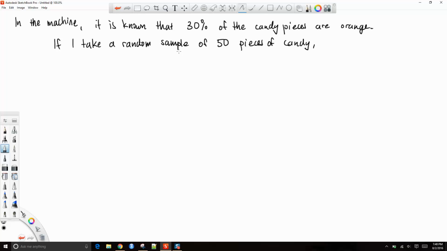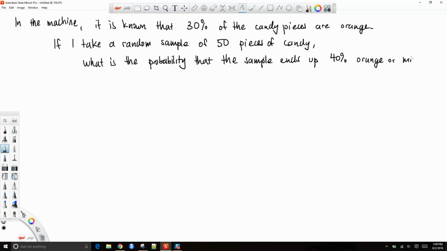If I take a random sample of 50 pieces of candy, what is the probability that the sample ends up 40% orange or more? Does that question make sense? Okay. All right, it's a random sample.